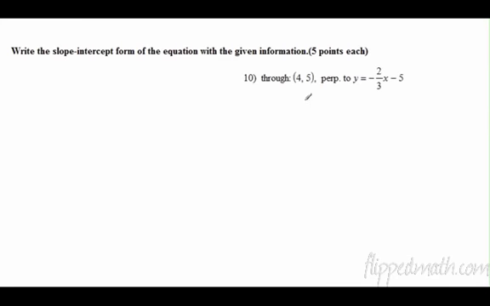Slope-intercept form. Remember, we always have y equals mx plus b. Let's see, we have an x. We have a y. Perpendicular means I take my slope and I flip it. I have a negative reciprocal. So my slope here is going to be positive 3 halves. So my y was 5. My m was 3 halves.